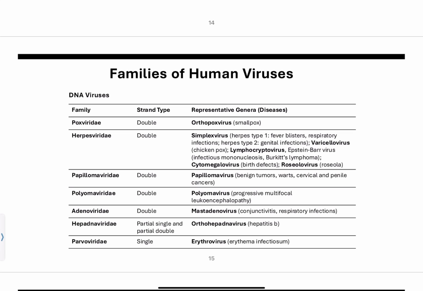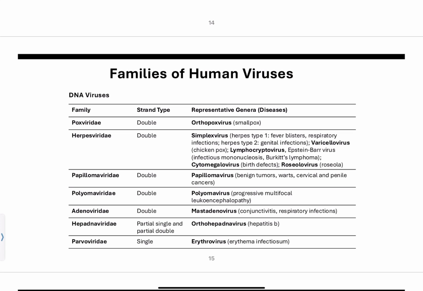A lot of these viruses replicate in the nucleus because they're DNA viruses, meaning that they can establish really long-lasting or latent infections. A really good example is variola virus. This is a member of the Poxviridae family, and it's the causative agent of smallpox.